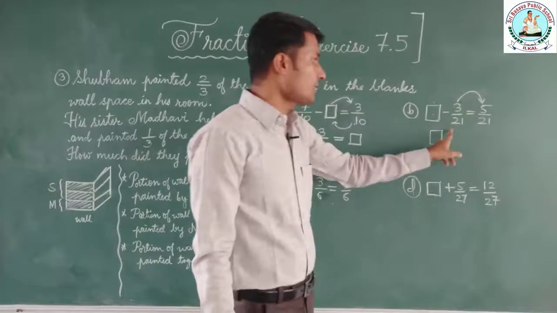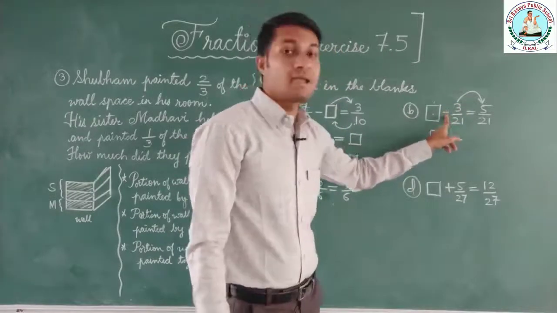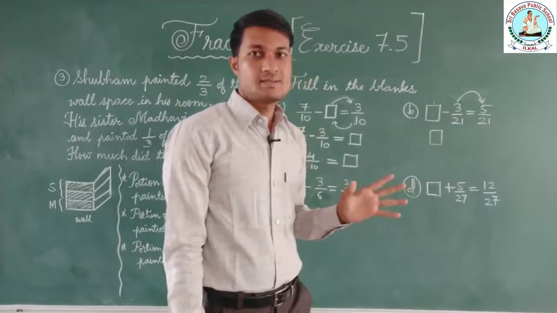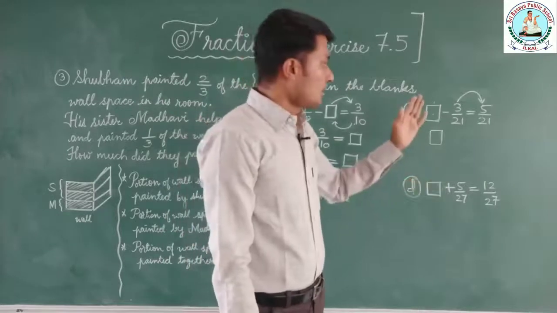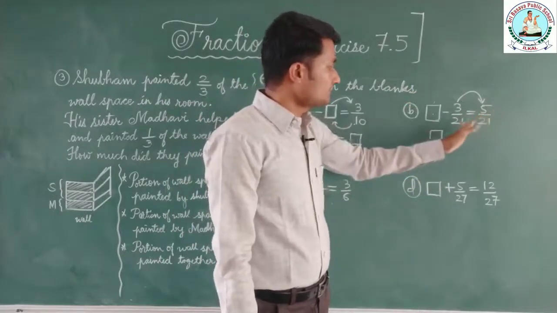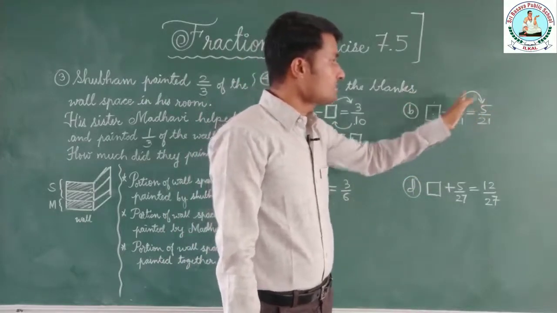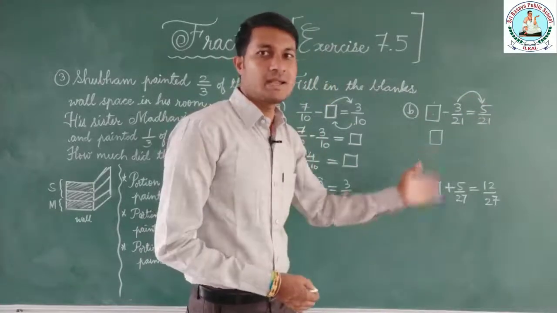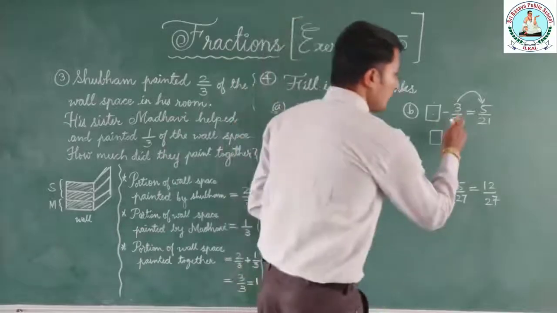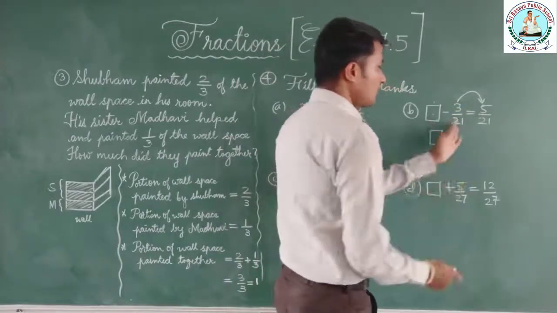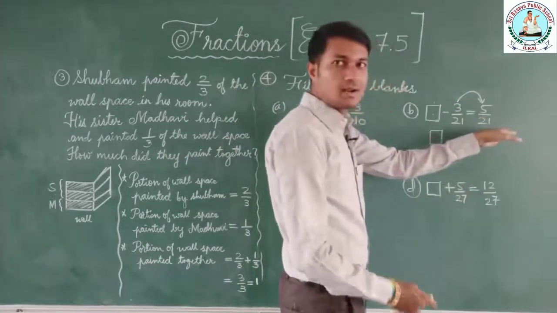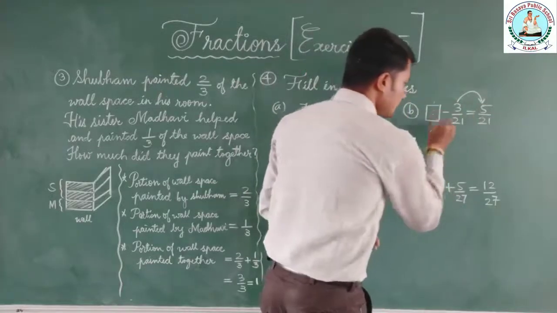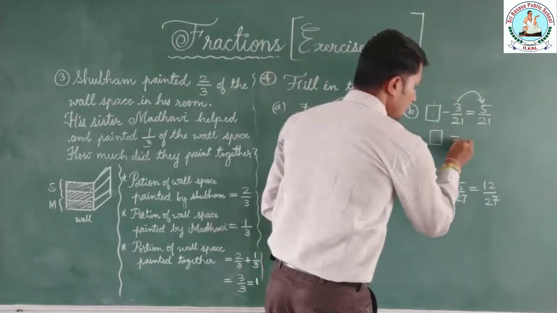This is not 3 by 21 only, it is minus 3 by 21. After it is transposed from the left hand side to the right hand side, the minus will turn to positive, so when the minus 3 by 21 comes to the right hand side, it will be positive. So first you have to write an empty box and later on the equal sign.